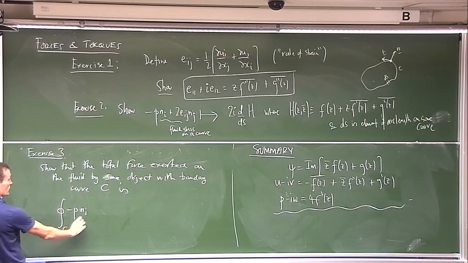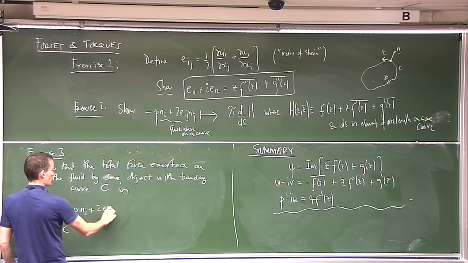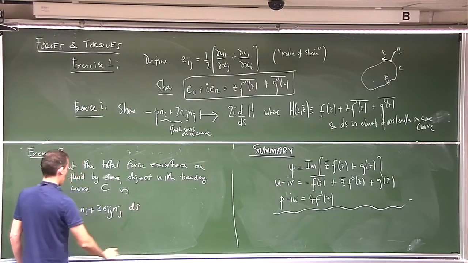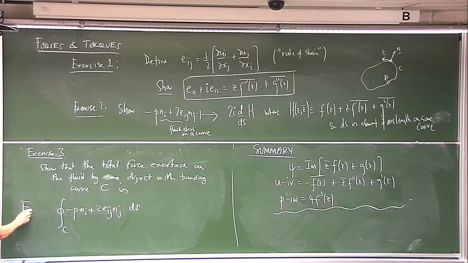You go around C and you add up the stress. This is the complex force. This is, oh no, this is the actual force. You know what I'm saying? Let me just do it like this, Fi.